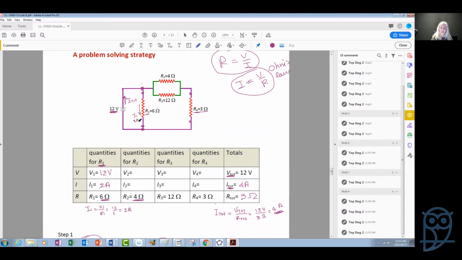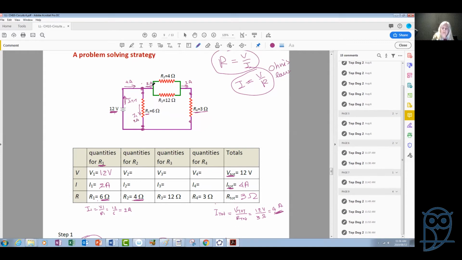And if this current is 2 amperes and the total current is 4 amperes, obviously the current in this branch is also 2 amperes, because 2 amperes here and 2 amperes there make up the total current, which is 4 amperes.